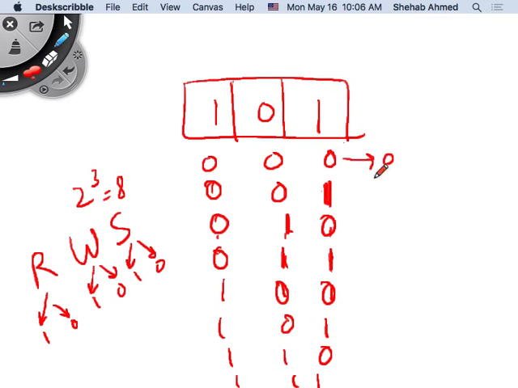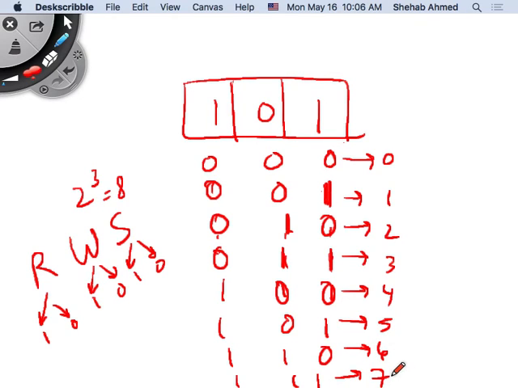So 0, 1, 2, 3, 4, 5, 6, 7. It's 0 to 7, which is 8 variations. So I can store only 8 types of information, or 8 information points, in 3 bits, right?